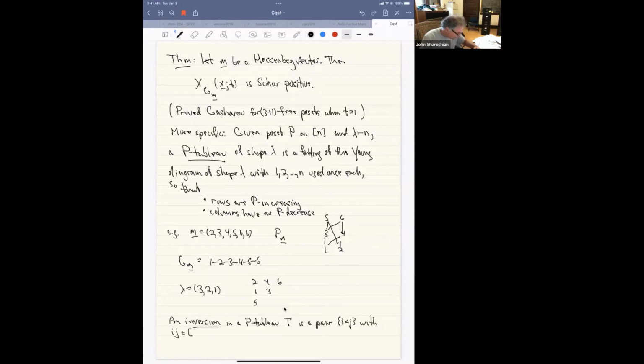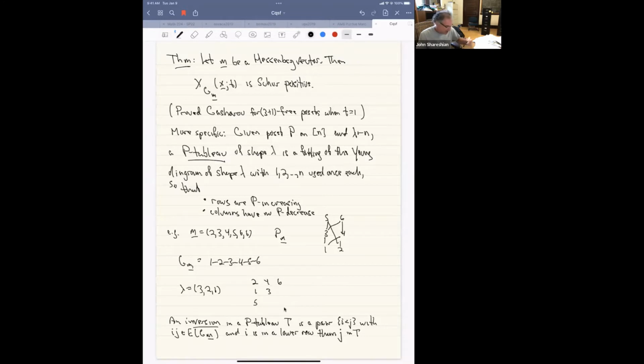So they live in the edge set of our unit interval graph, and I is in a lower row than J in T. So this is some kind of inversion.